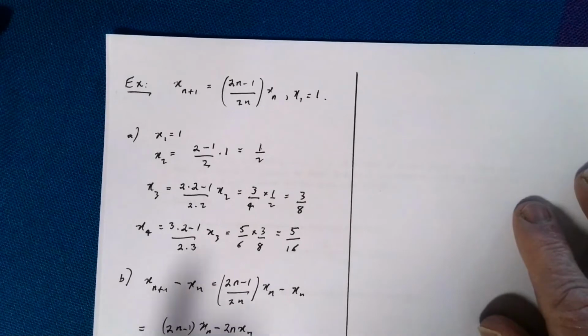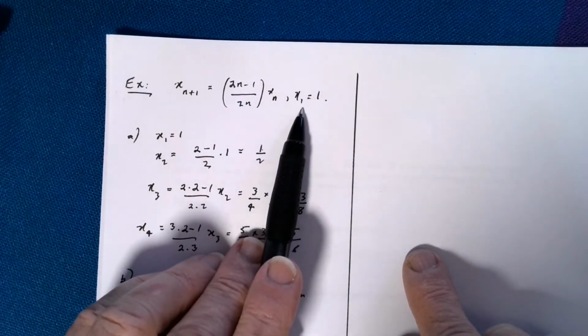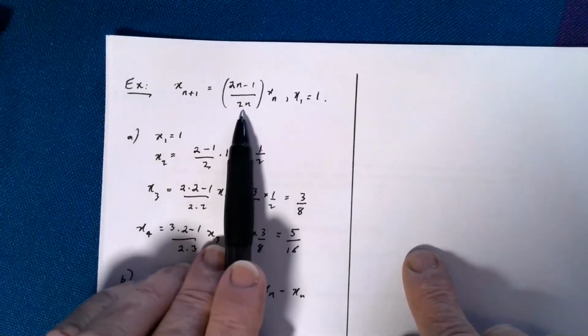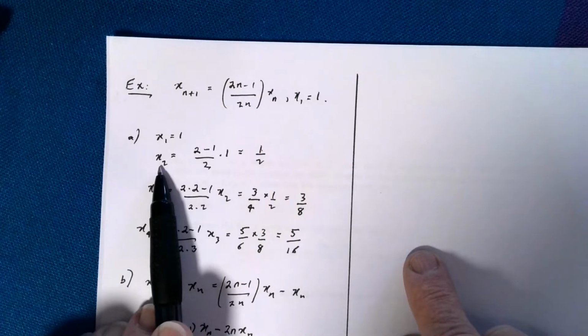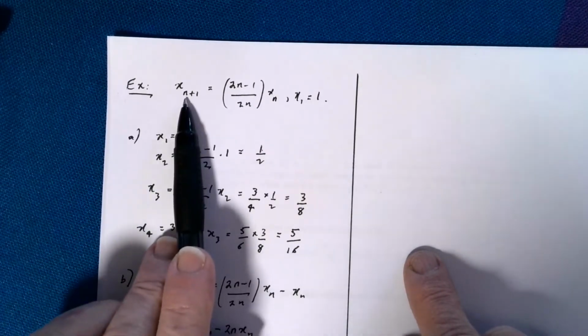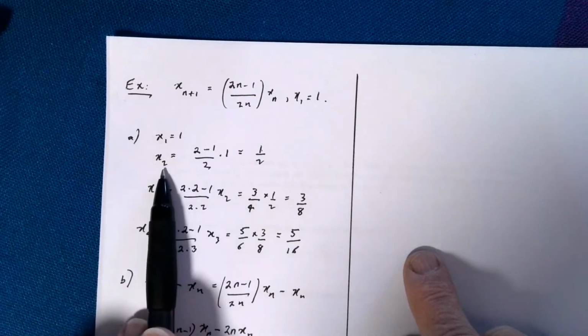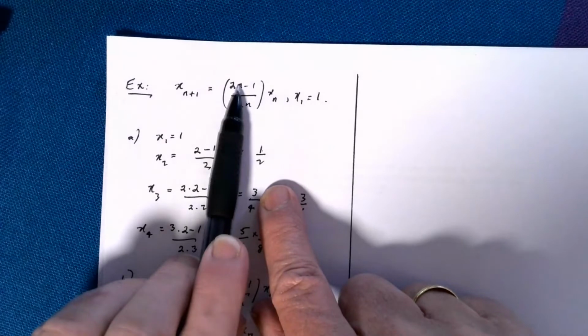So here is the solution to this one. There's our recurrence. We start off with 1, and to get each new term we multiply by this quantity. So x1 is 1. Now x2, you've got to compare carefully here. I'm putting n is 1 into this formula, so 1 plus 1 gives me the 2.